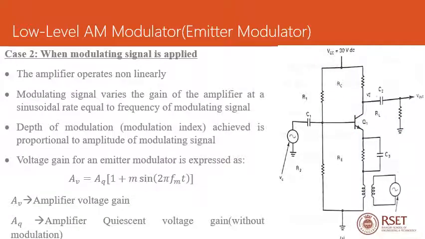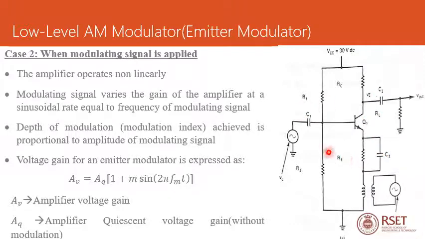And case 2, that is when the modulating signal is applied. In this case we apply both the carrier as well as the modulating signal to this transistor Q1. In that case, this amplifier operates non-linearly, that is the modulating signal varies the gain of the amplifier at a sinusoidal rate equal to the frequency of the modulating signal.